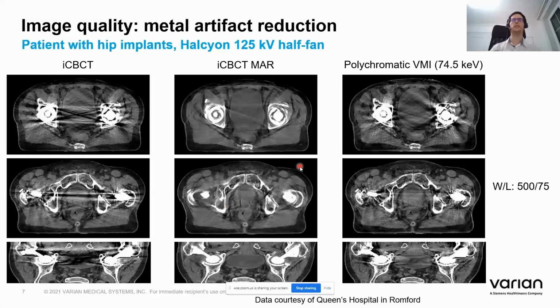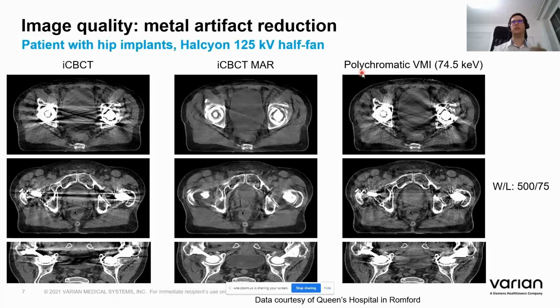We contrasted those two reconstructions with the polychromatic reconstruction. Here we used a polychromatic attenuation model that was extended to not only fit the typical human tissue materials, but also some common metal implant materials.